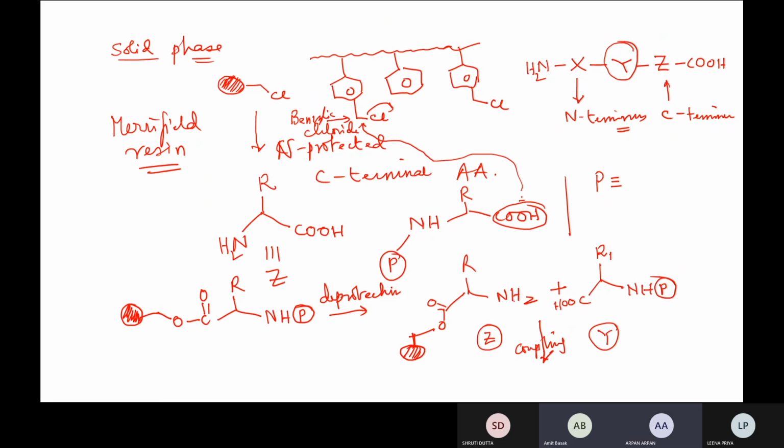Sir, Boc. Boc, okay. So basically, yeah, Boc is okay. Now, if I reframe the question, what are the protecting groups on nitrogen, or name one protecting group for the amine, which comes off with acid, which comes off with hydrogen, and which comes off with piperidine.